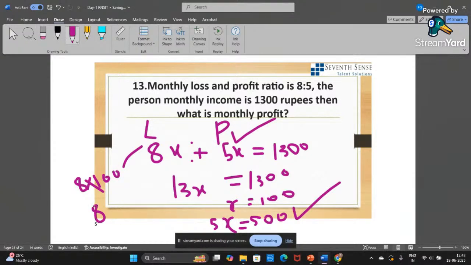As I told you before, to cross verify the answer, just add these two. If you add these final values, you have to get the number given in the question. If you're getting the same number, then the answer you got is right. Now let us solve the next one.